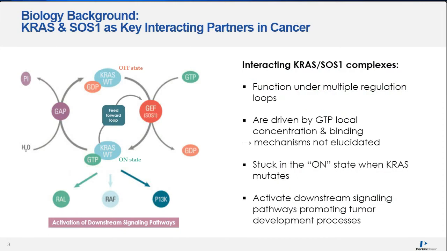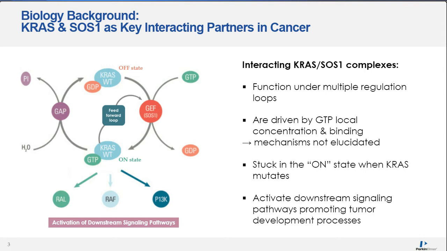In terms of background, moving on to KRAS and SOS1 as key interacting protein partners implicated in many cancers. KRAS are G proteins that contain 4 domains, including a conserved GDP-GTP binding domain and 2 switch regions that determine how they react to their substrate and environment.